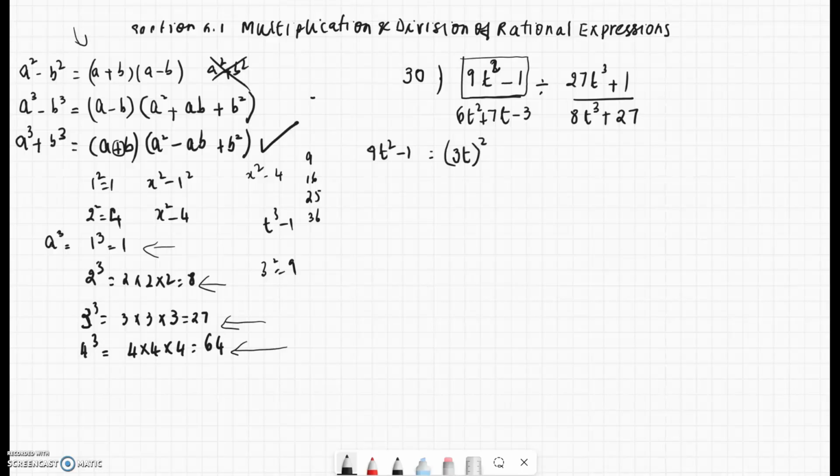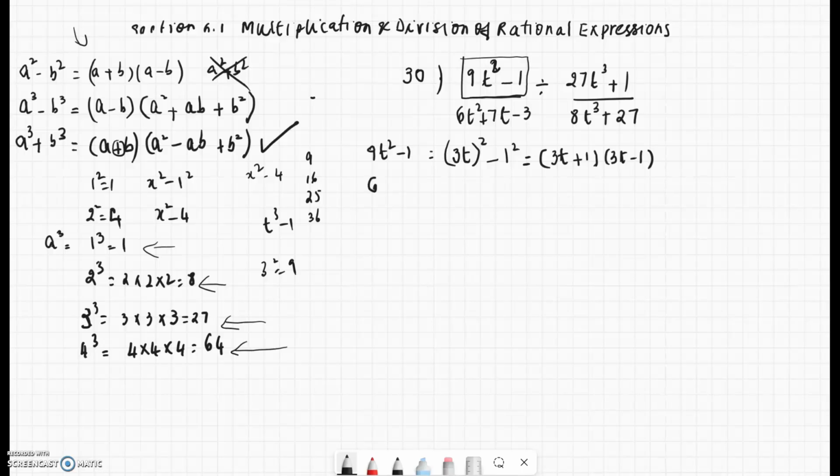So that's 3 squared, 9, and t squared, minus 1 squared. And using the special product, we have 3t plus 1 times 3t minus 1. And that's how you factor a difference of squares.